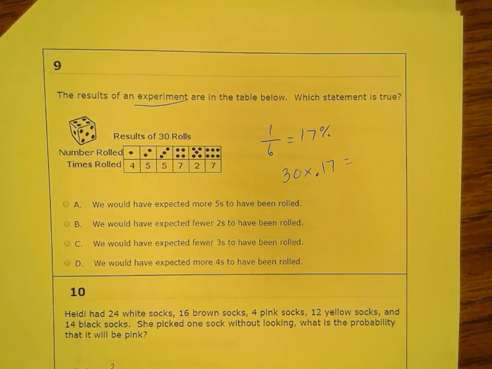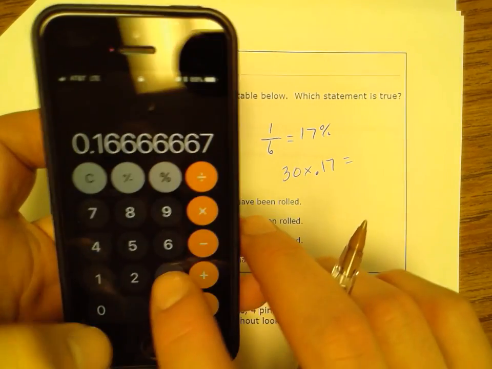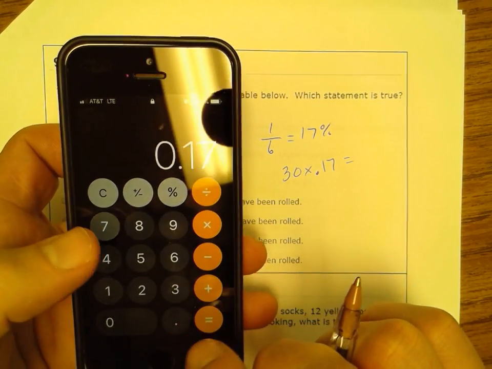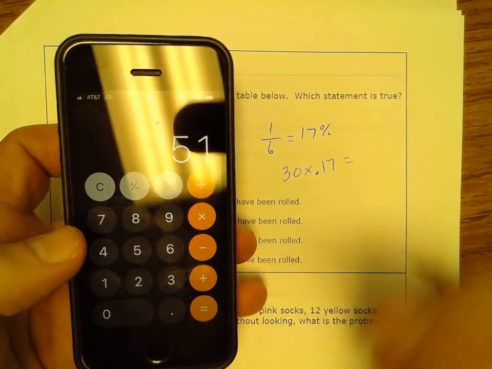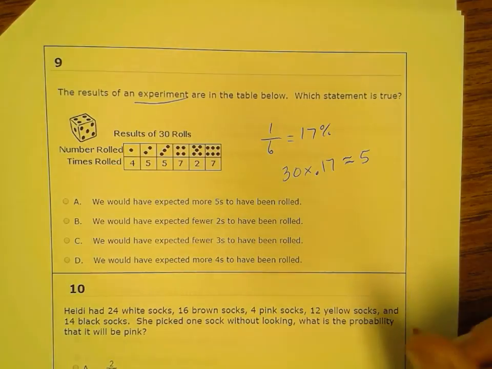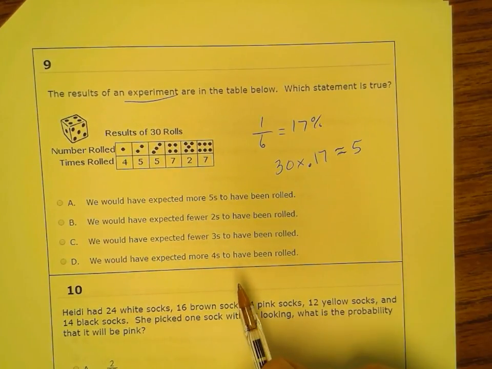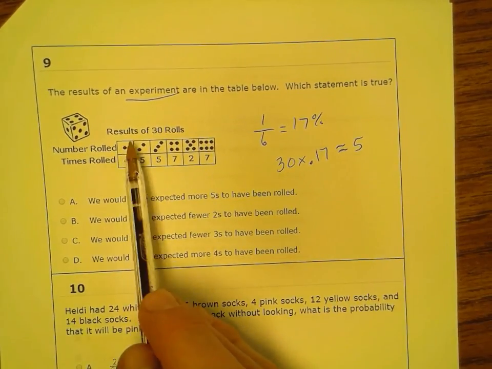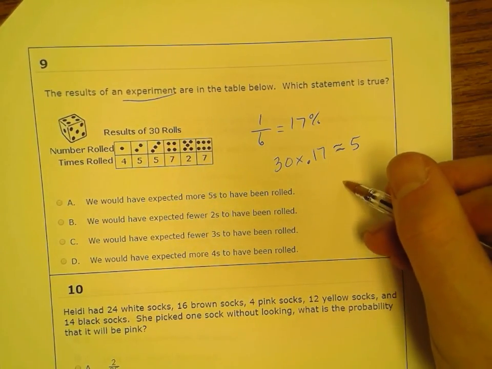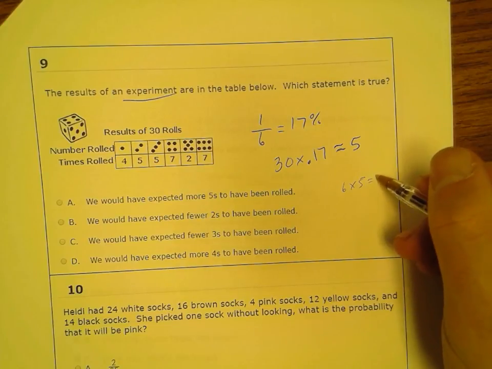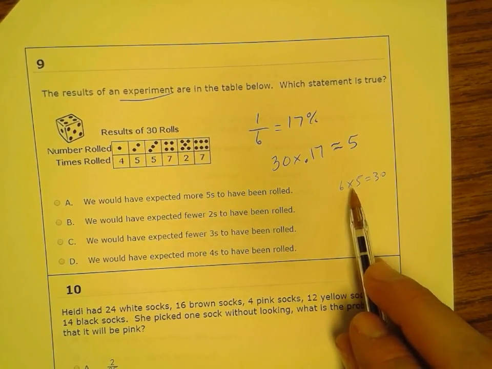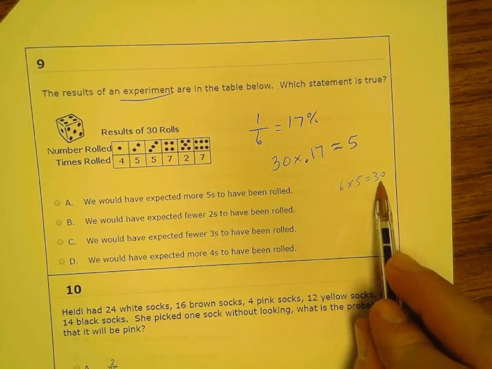So 30 times 0.17, 17%. So we should expect to get each number about 5 times. Each side of the dice, if we roll it 30 times, about 5 times, which makes sense because 6 times 5 is 30. So there are 6 sides to the dice. So if we land on each one 5 times, that'll be 30 rolls.